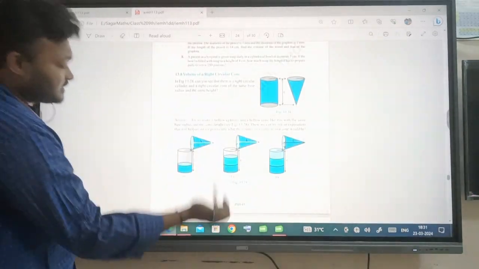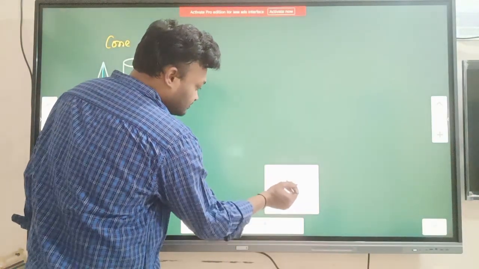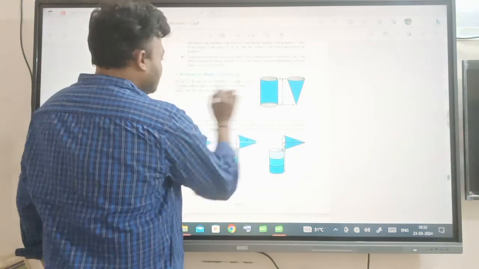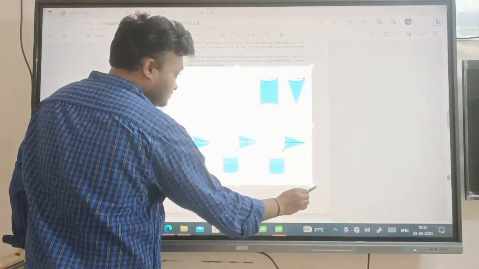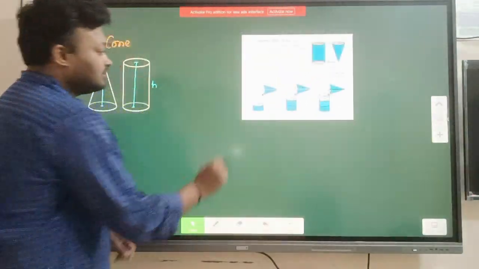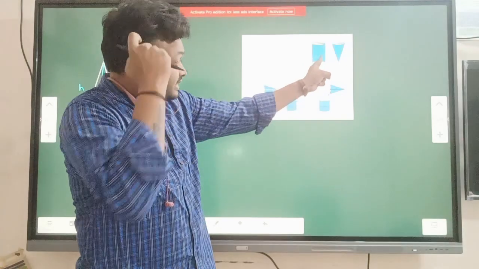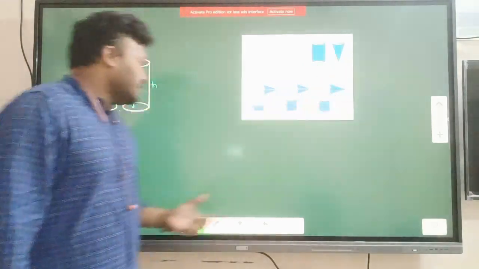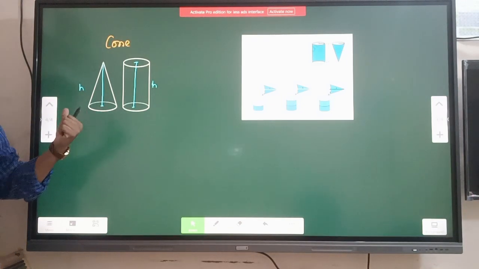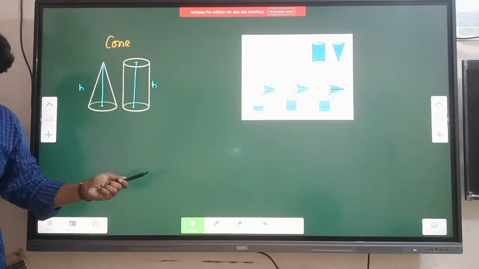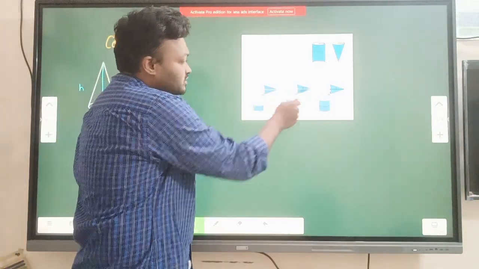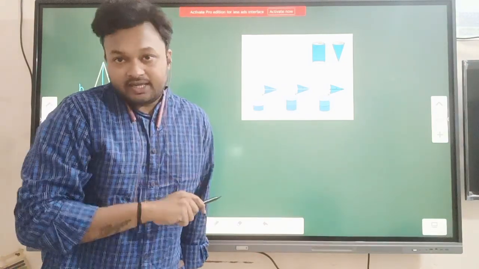You see, here it is given. So what is given here? If we have a cylinder and a cone having equal height as well as equal bases, that is, the bottom radius is the same and the height is also the same, then in those cases it will take 3 cones to fill one entire cylinder.